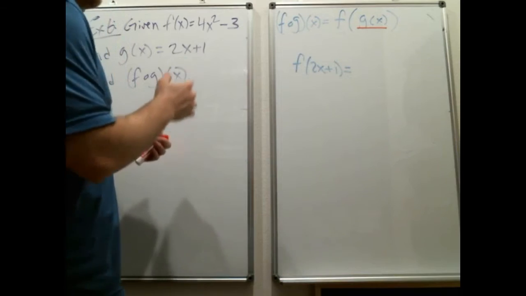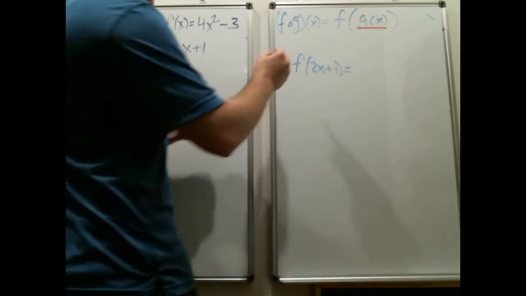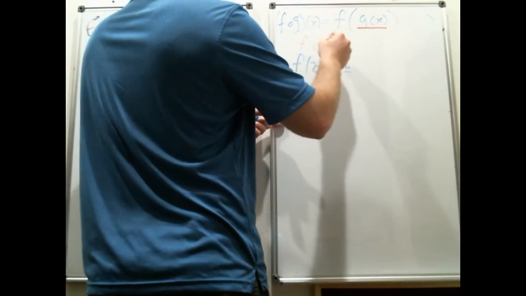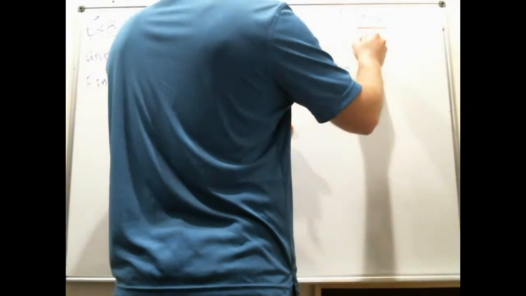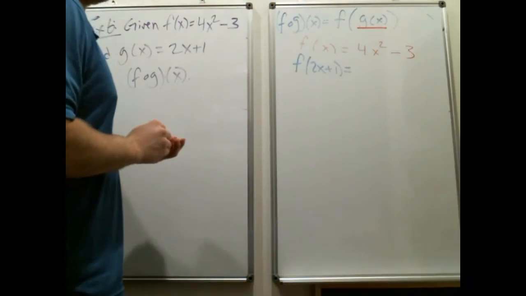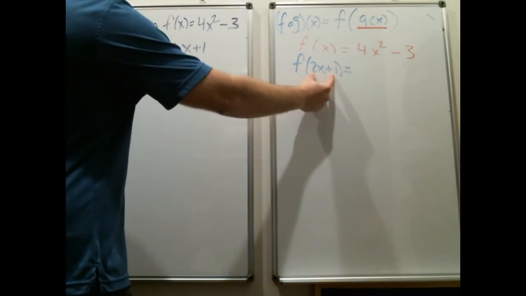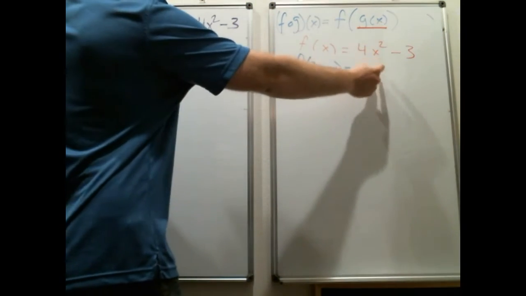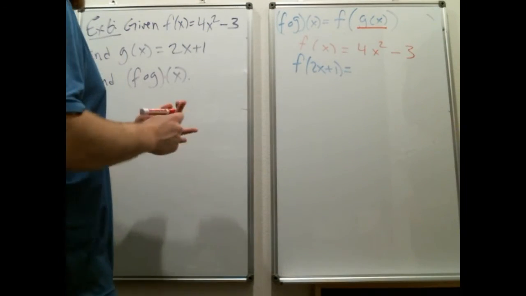So if it helps, you can write the f function on top. So f of x is equal to 4x squared minus 3. So now you know this x is this 2x plus 1. And now this x becomes 2x plus 1.